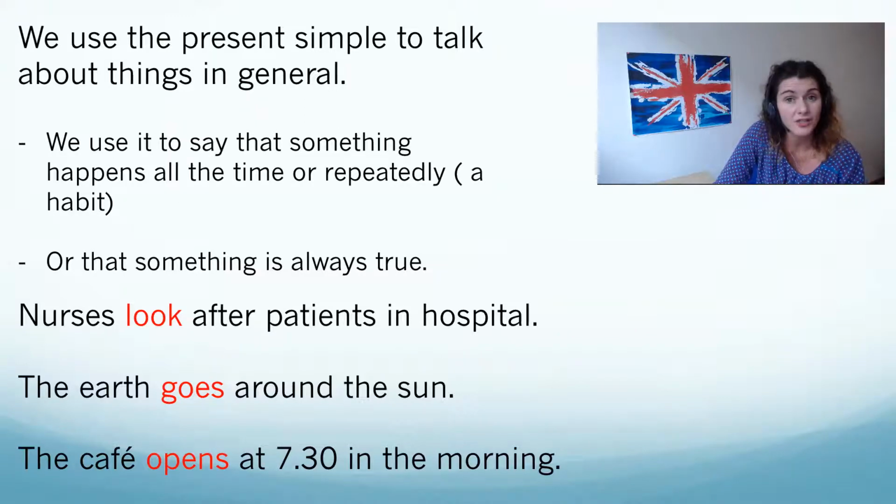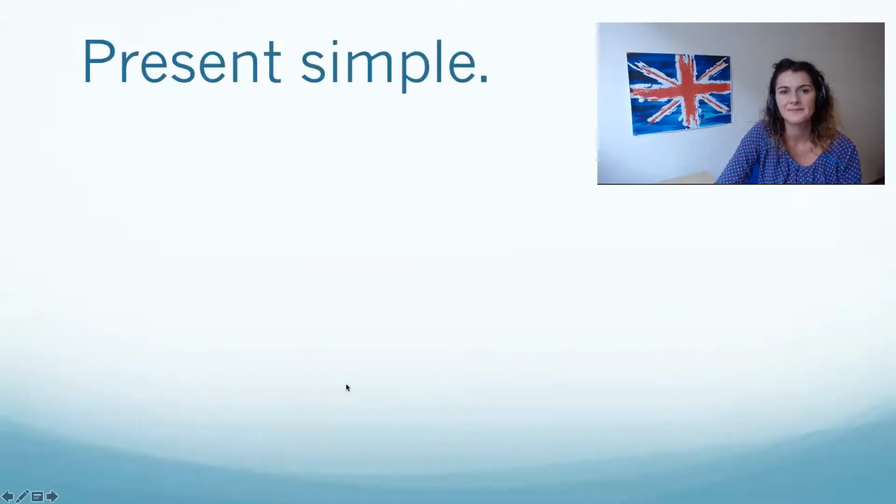I'm sure there are some days it doesn't open at 7:30 in the morning, but we still use the present simple because it happens a lot, repeatedly. It's a habit of the cafes to open at 7:30 every morning. And so it's for that reason that we use the present simple here.